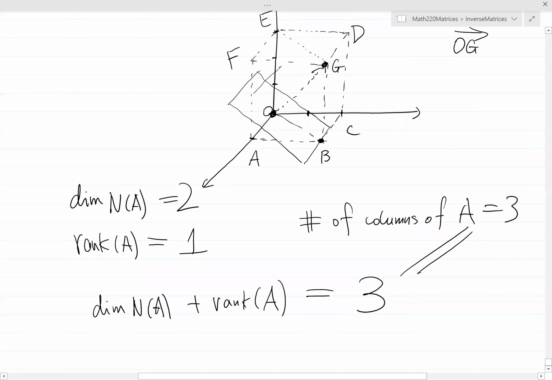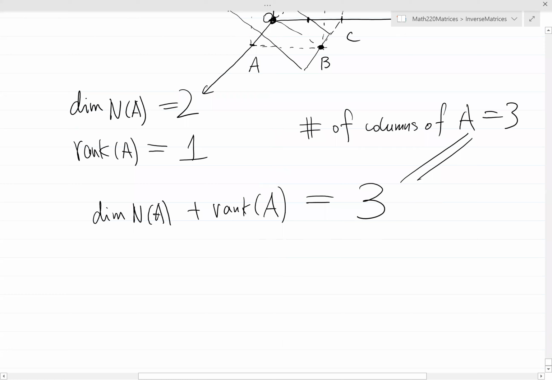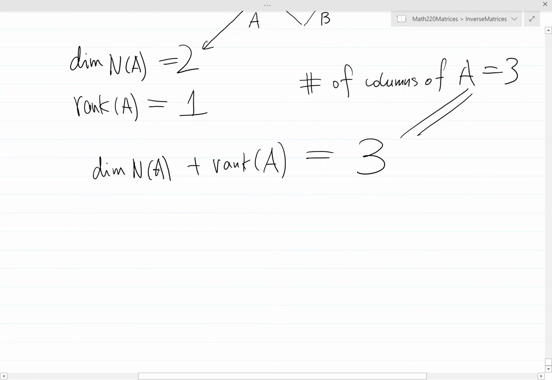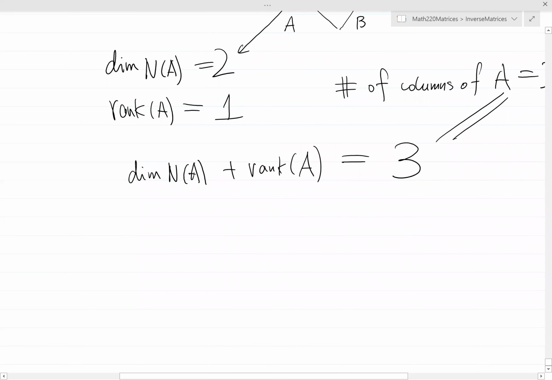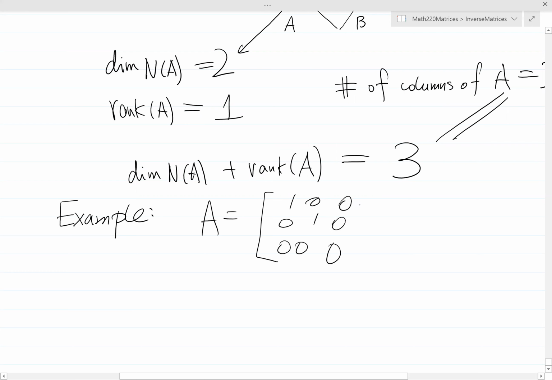Okay, let's see more examples. A is this: 1 1 0 0 0, everything else is 0. Okay, the row space.